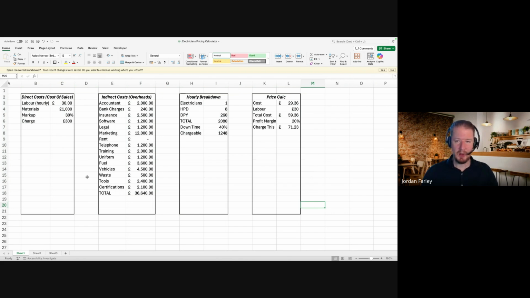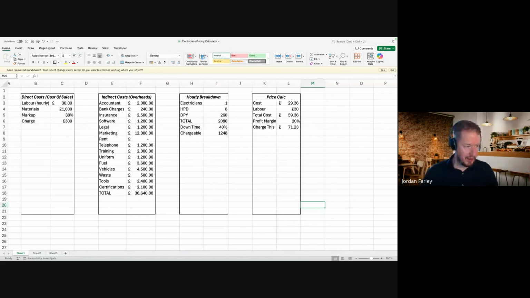And there just wasn't. As soon as I started to put markup on the materials, it changed everything. And it also means that as you scale up and take on bigger jobs, you make more money as well, which encourages you to go bigger and focus on the higher margin jobs.